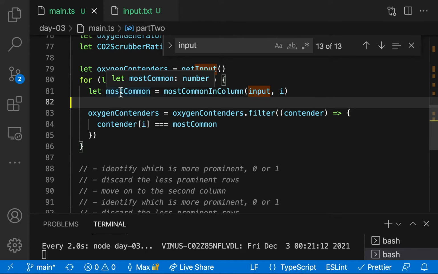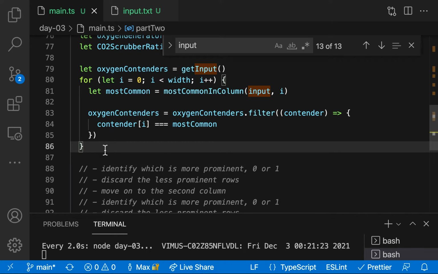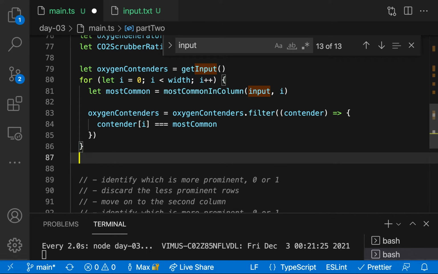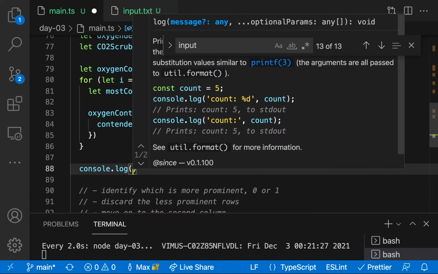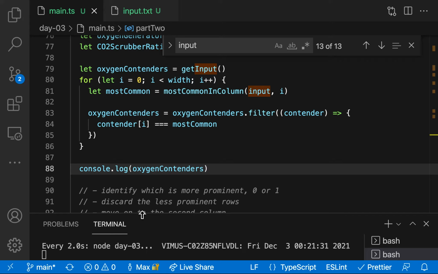And so after we've gone all the way from left to right, hopefully there's just one left. Kind of curious to confirm that. Let's take a look.